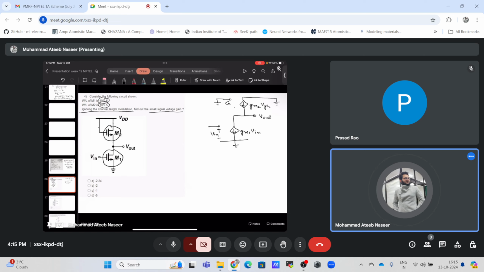So you can say simply that gm2 VGS2 is minus V out, which is gm1 V in.